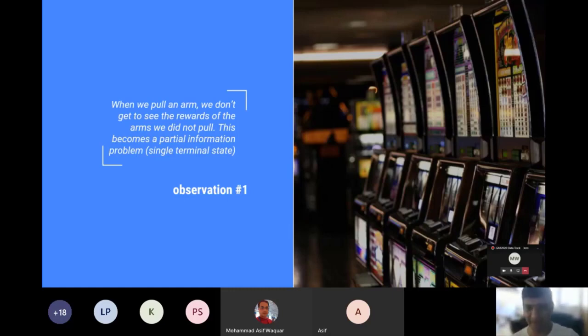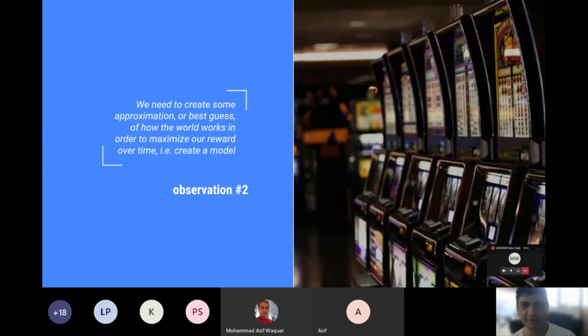Had you put your money there, you don't know what would have happened at that point in time. So this becomes a partial information problem. You cannot observe everything in there. Going back to the concept that I explained, you don't know, had you put your $1 in there, what would have happened. Would you have won $1 million or not?